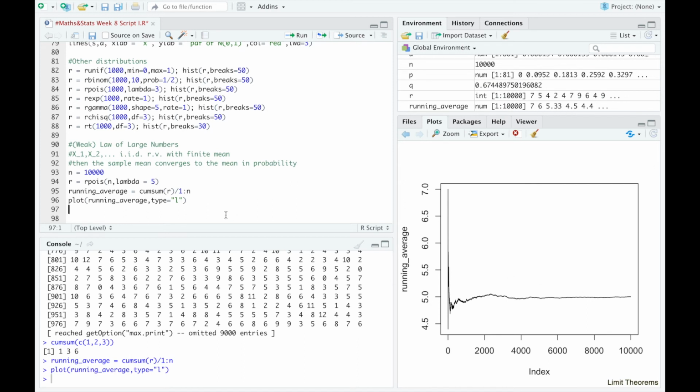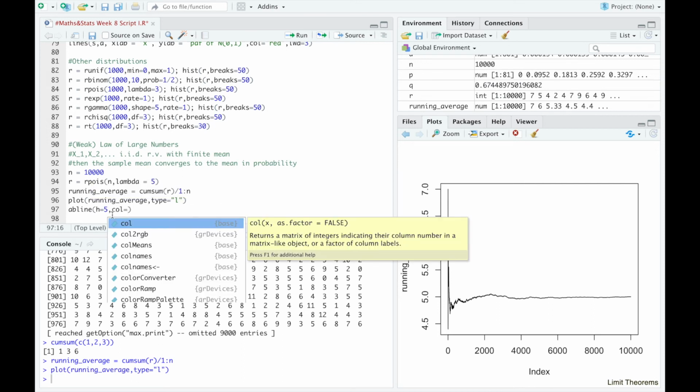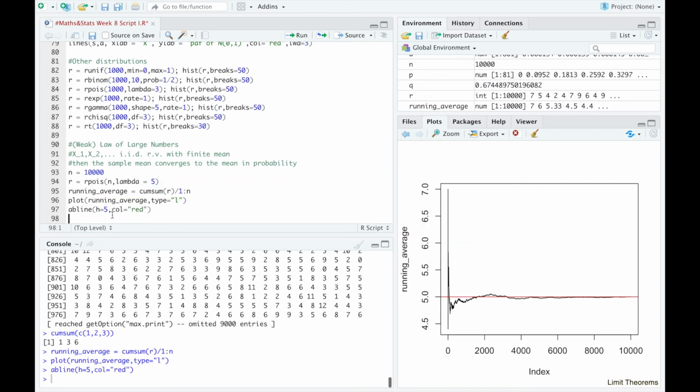The real mean of a Poisson with parameter lambda is of course lambda, and to display a line at that height, we can use the command abline, to plot a horizontal line with h equal to 5, which is our lambda, and of course maybe to differentiate a bit, color red.